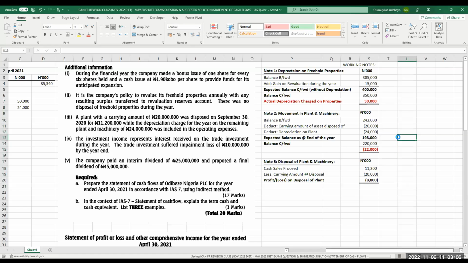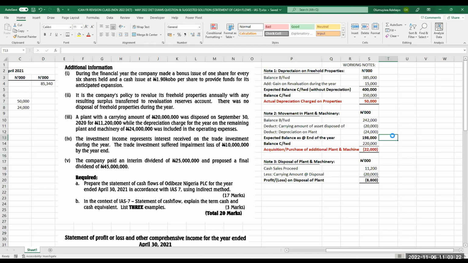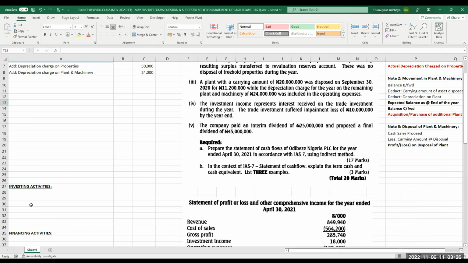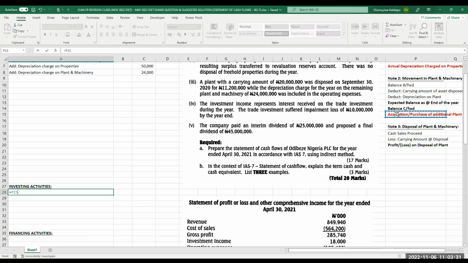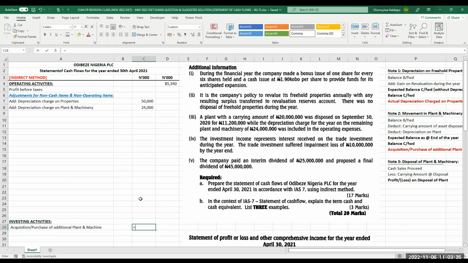Which means during the year there has been acquisition or purchase of additional machines. Okay, where does that go to? That goes to investing activities. Therefore, I can come here and show this. Is it an outflow or inflow? An outflow of cash.